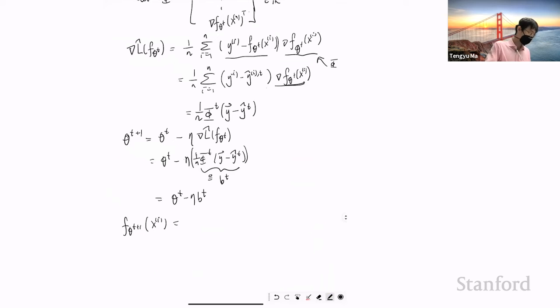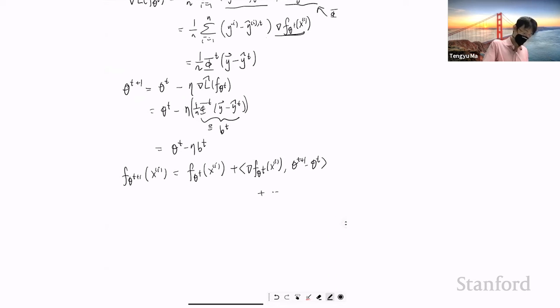So what we do is Taylor expand at time t, so that you have a relationship between theta t and theta t plus 1. If you Taylor expand, you write the gradient of f theta t xi times the difference between the two iterates, plus something higher order. And the difference is a function of eta, exactly this eta bt.